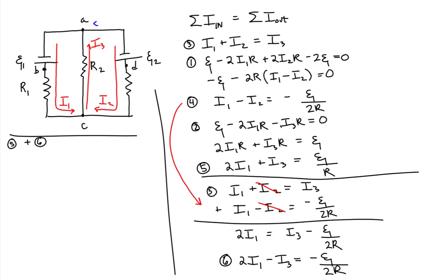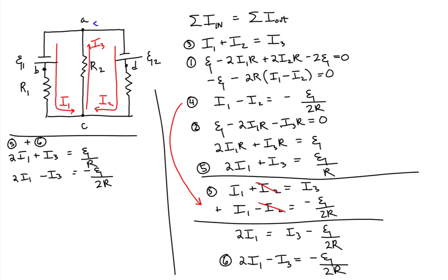So I'll start off by just writing equation 5, 2I1 plus I3 is equal to EMF of battery 1 over R. And then let's write equation 6, 2I1 minus I3 is equal to minus the EMF of battery 1 over 2 times the resistance of resistor 2.